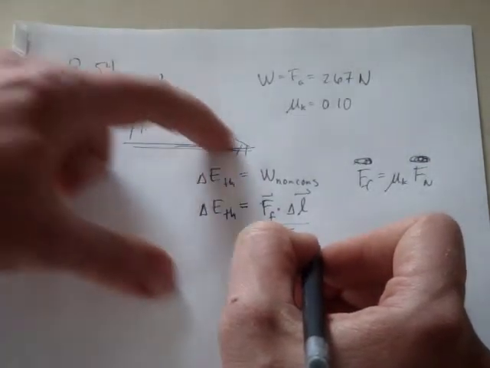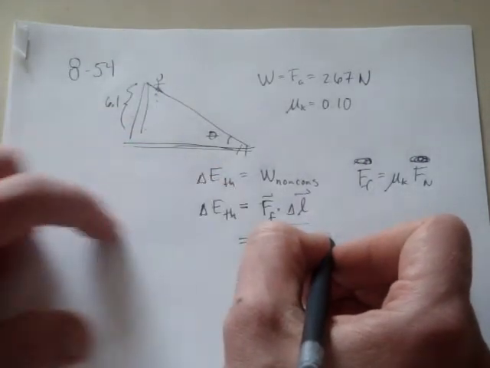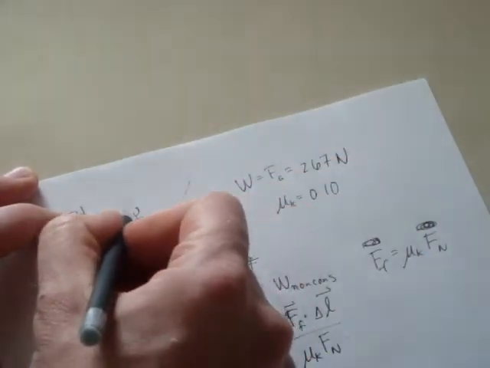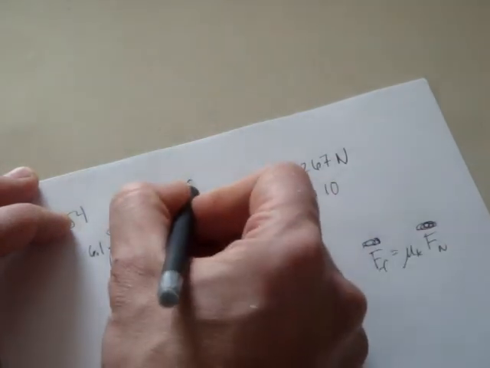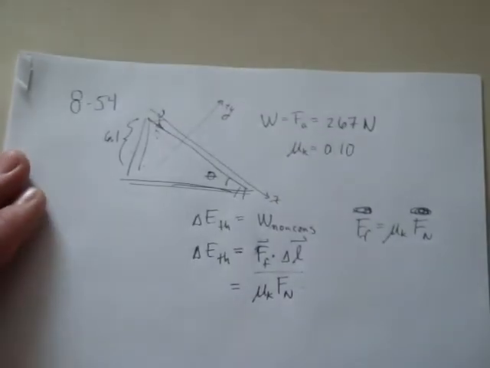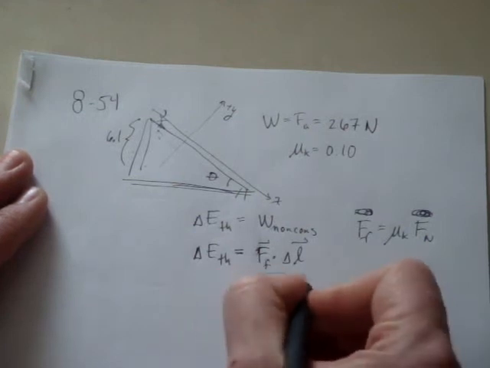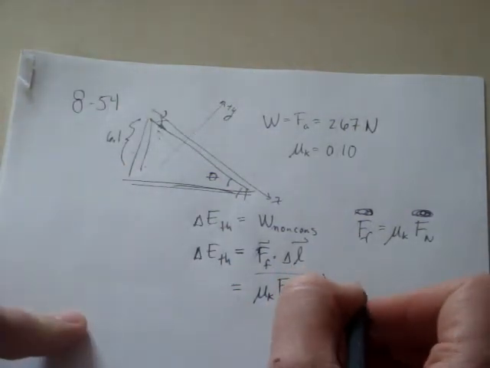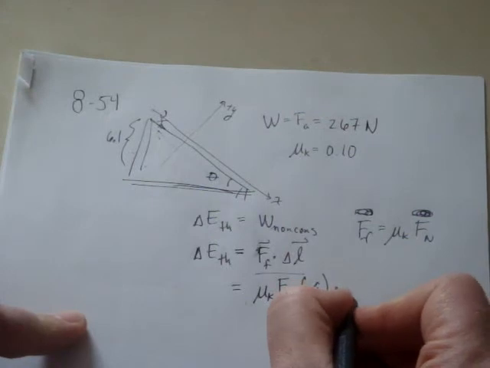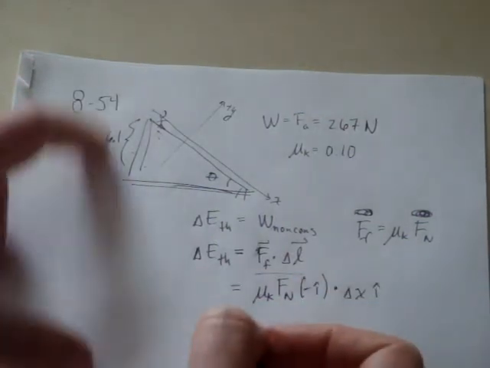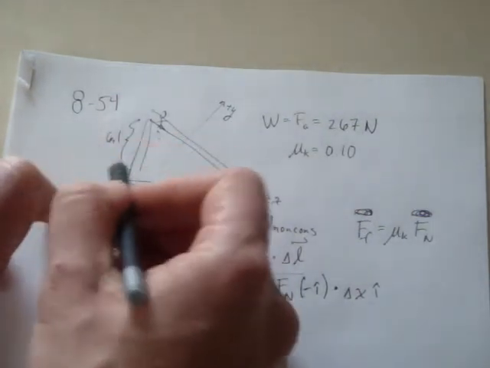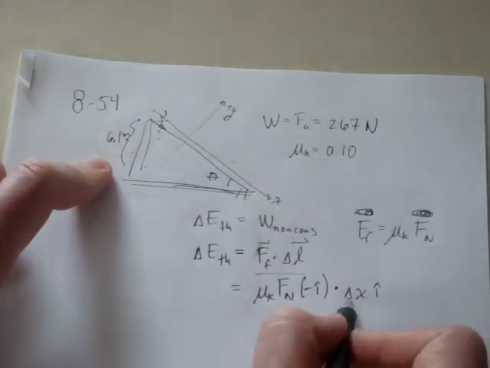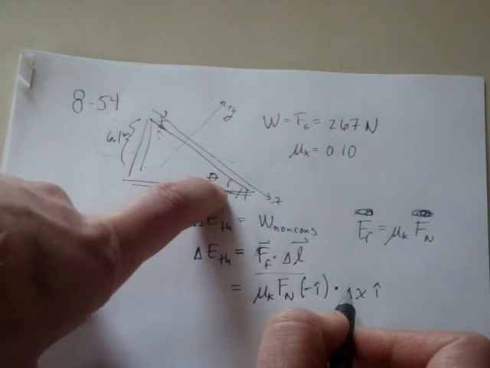That's going down the ramp, and we take the scalar product with this displacement delta L. Let's write a coordinate system real quick, where positive x is down the ramp and positive y is perpendicular to the ramp. So the frictional force acts in the minus i hat direction, and the displacement is some distance delta x in the i hat direction. If we called the vertical portion 6.1 meters, then delta x would be, what would that be?